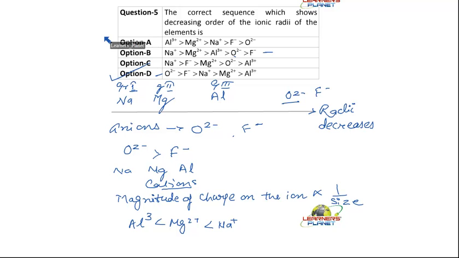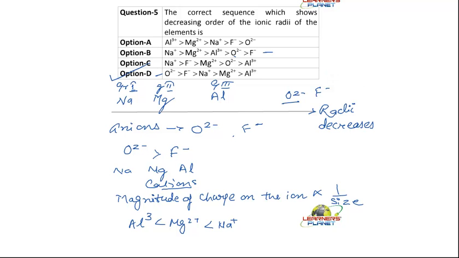In anions, there are more number of electrons to be held by the nucleus, so it becomes bigger in size. And in cations, there are less number of electrons to be held by the nucleus, so it becomes smaller. There is more attractive force between the nuclei and the electrons present.